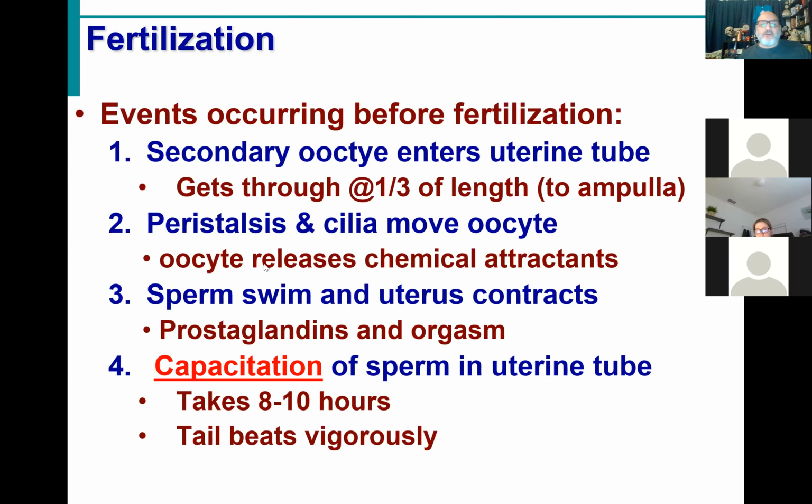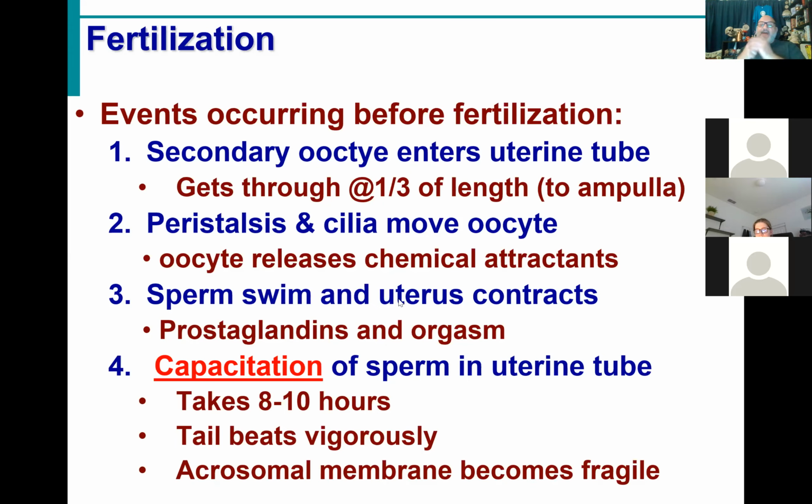However, we don't want to just spill those digestive enzymes any old place. So that acrosomal cap is very sturdy, very strong. However, during the capacitation process, that membrane that holds those digestive enzymes becomes fragile, so that when it actually comes in contact with the zona pellucida, it will actually rupture, releasing those digestive enzymes and help to eat away at that glycogen-rich shell.